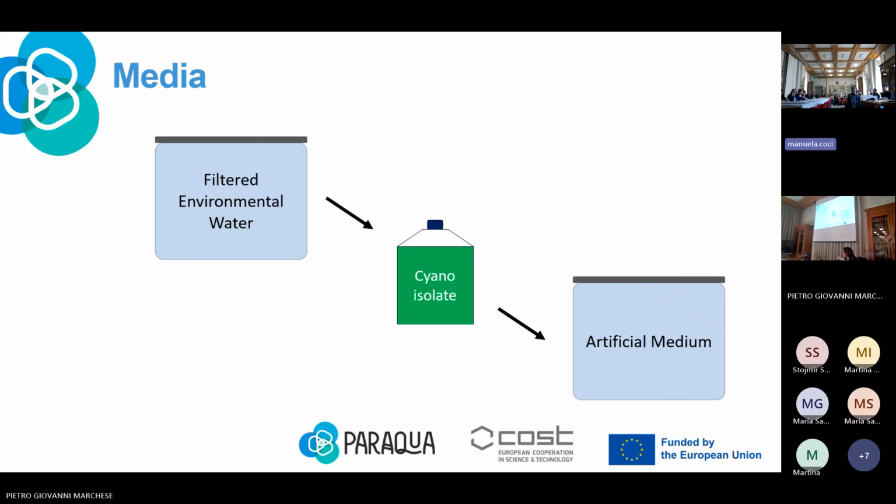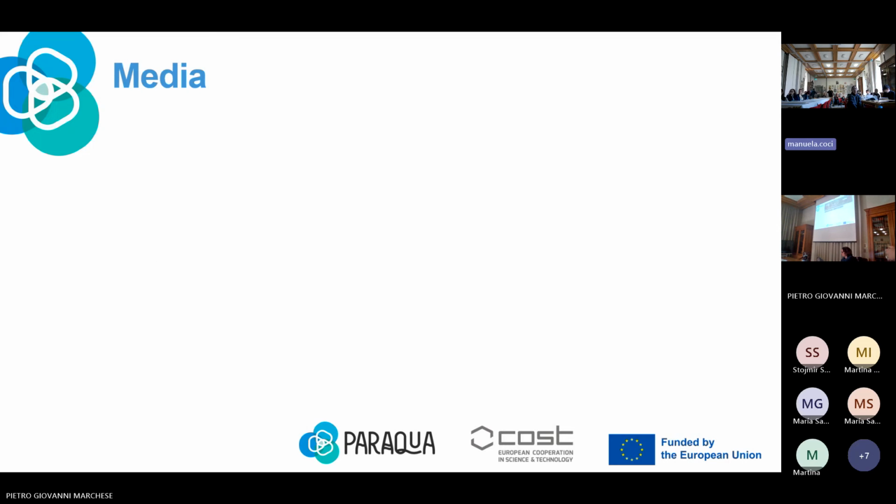This filtered environmental water reflects the natural conditions from which we obtained the sample for isolation. Then, in case of successfully growing isolates, we can add more and more artificial medium to make the transition to the laboratory conditions.